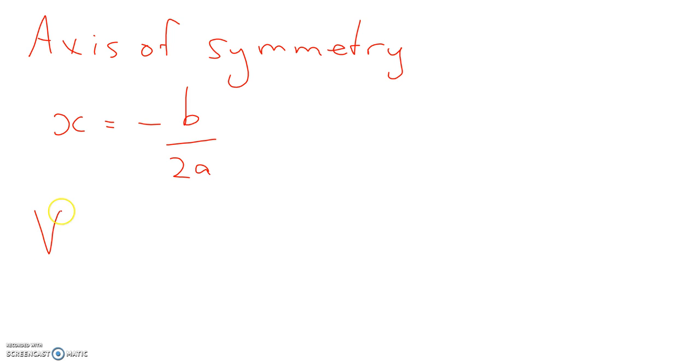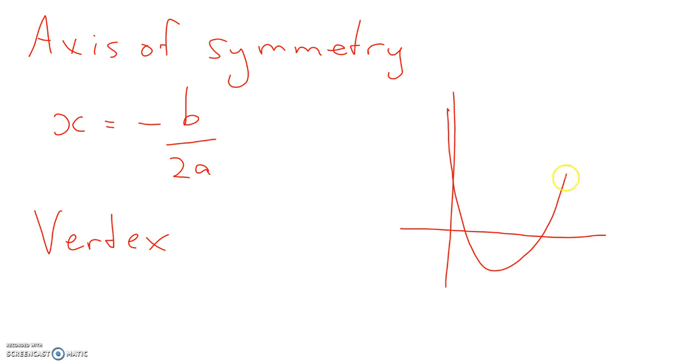So our vertex, and remember if we draw these, our vertex is down here. And our axis of symmetry runs right down there because it's symmetrical. I haven't drawn it that symmetrical, but you know how well I draw things.